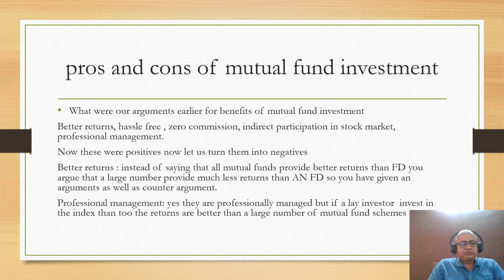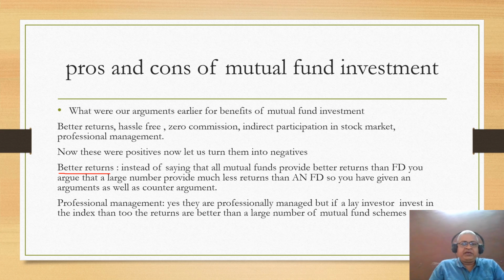Now you can turn the same argument from a positive to a negative. For example, you take better returns. Instead of saying that all mutual funds provide better returns than an FD, you can argue that a large number provide much less returns than an FD. And you have given an argument as well as a counter argument, right?